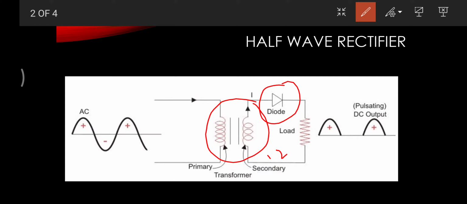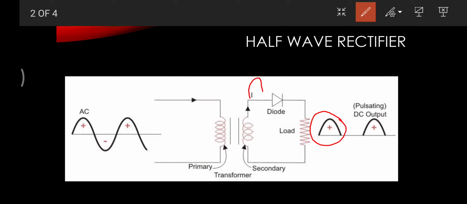We all know that a diode can only conduct electricity in one direction. So what happens here is, when a positive cycle comes at the diode input, it passes through it and gives you its output. However, when there is a negative cycle, the current flows in the opposite direction.